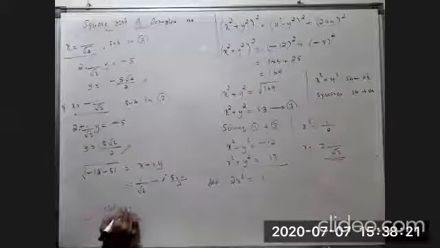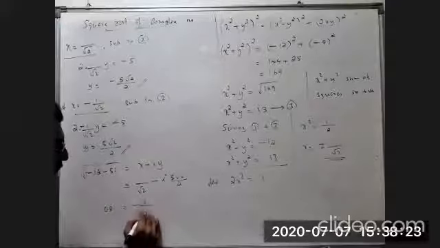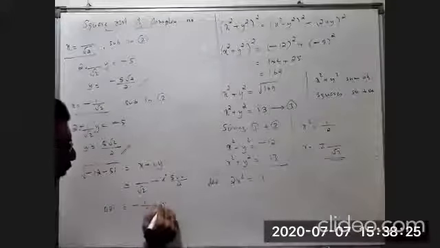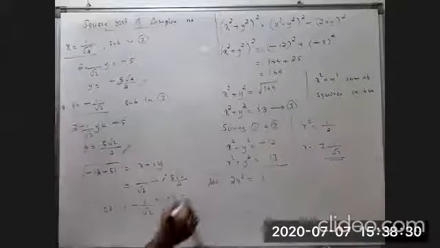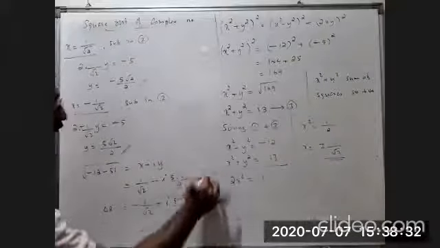Or the second value is minus 1 by root 2 plus i into 5 root 2 by 2. These are the two values.